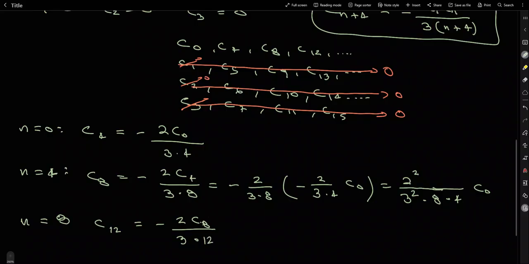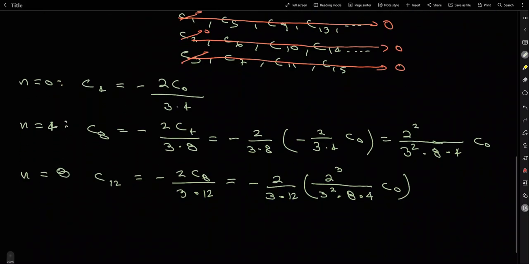And again, this c sub 8 must be written in terms of c sub 0 using the previous computation. So that's going to leave us with negative 2 over 3 times 12 times 2 squared over 3 squared times 8 times 4 times c sub 0.